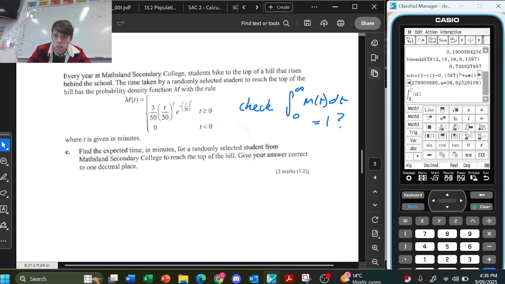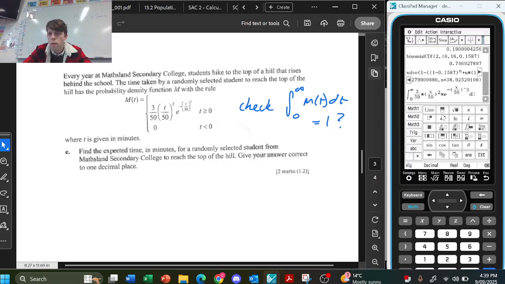We have the integral from 0 up to infinity of 3 over 50 times (t over 50) squared times e to the power of negative (x over 50) to the power of 3, integrating with respect to x. It is equal to 1, so it is good.